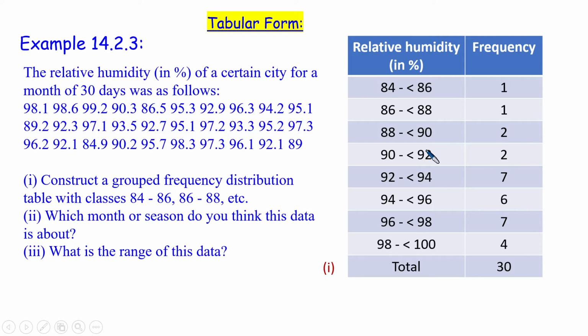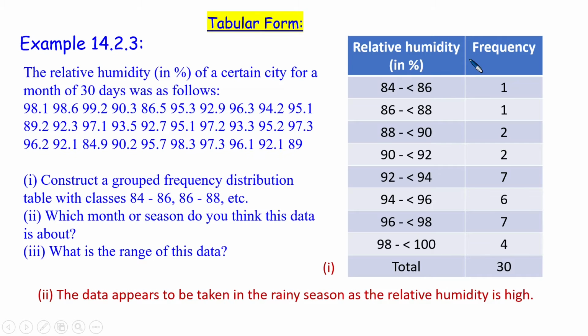As the humidity percent increases, you see the frequency also increases; 98 to 100, of course, it doesn't go so high. And the total number of data, 1 plus 1 plus 2 plus 2 and so on, if you add it, you get 30. So this is how you have represented it in a tabular form.